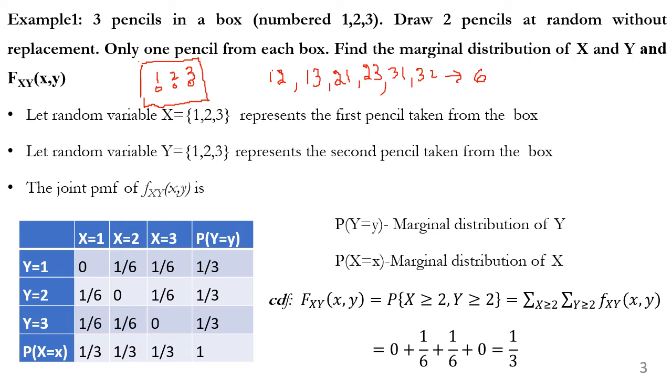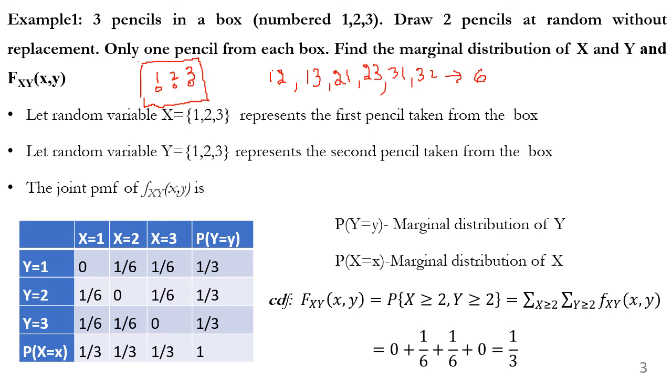I have for x value greater than or equal to 2. That means I have to consider the 2 columns, with x value equal to 2 and x value equal to 3. Next I have y value greater than or equal to 2. So I have to consider 2 rows, that is the second row and the third row.